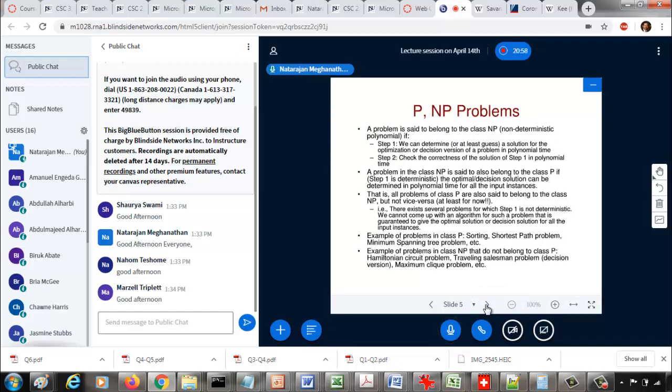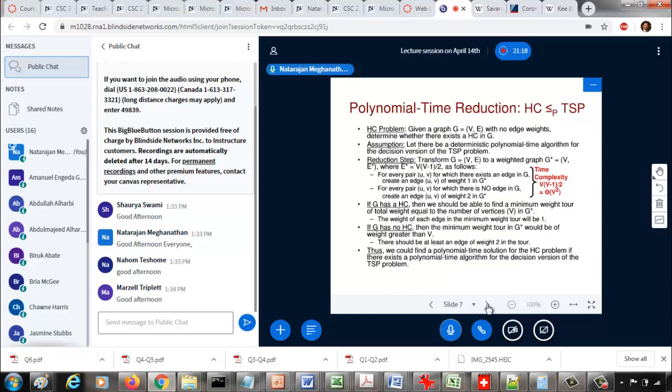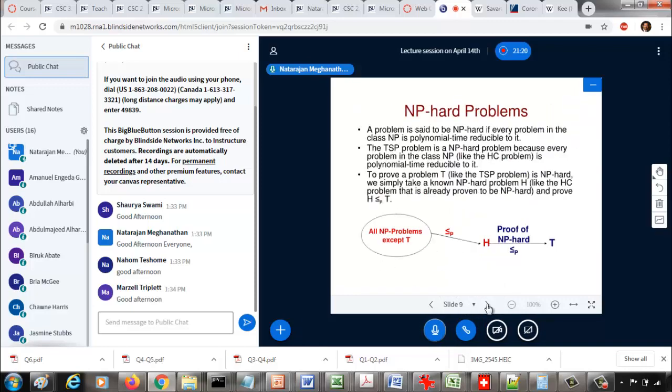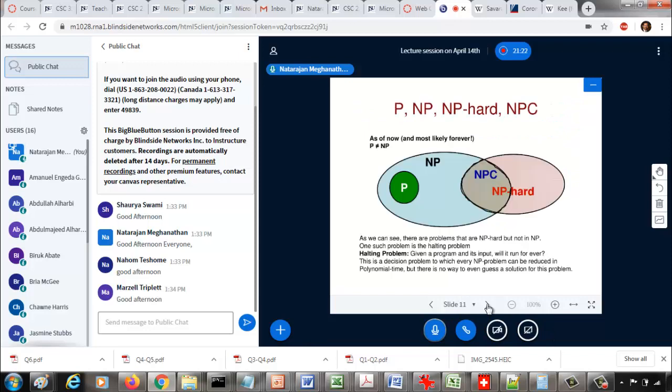So there are a lot of problems, you'll be surprised, that are of this category, for which there is no algorithm that can give you the deterministic solution in polynomial time. So if you want a deterministic solution, you have to go for exponential time for such problems. Such problems are said to belong to the class NP, and they are outside the class P in this distribution.